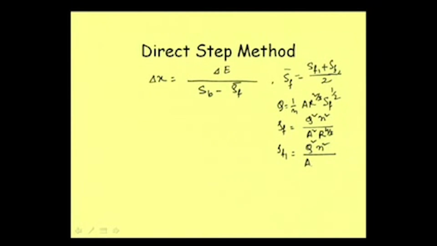So for section 1 this will be A1 square, and the hydraulic radius will be R1 to the power 4 by 3. Putting everything for section 1, we can calculate this value, and then SF2 we can calculate similarly: Q square n square, A2 square, R2 to the power 4 by 3.